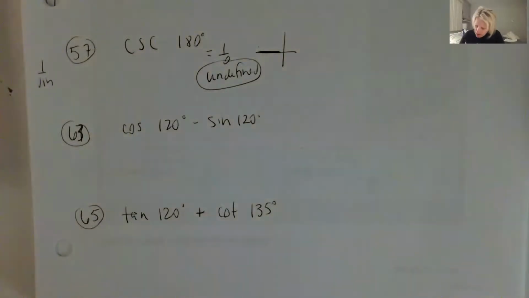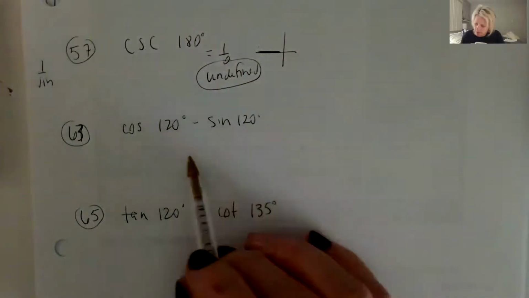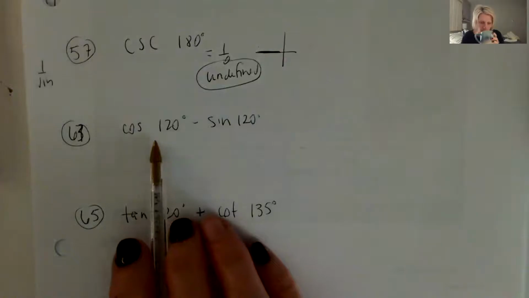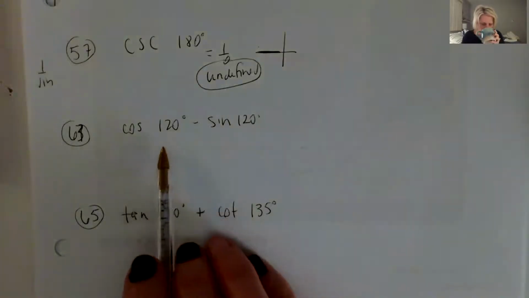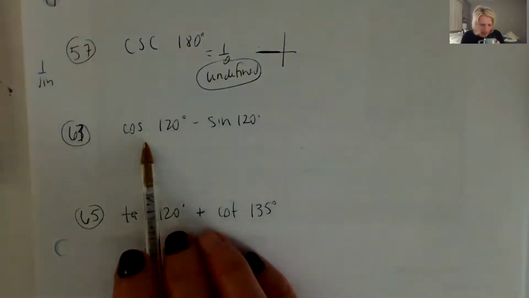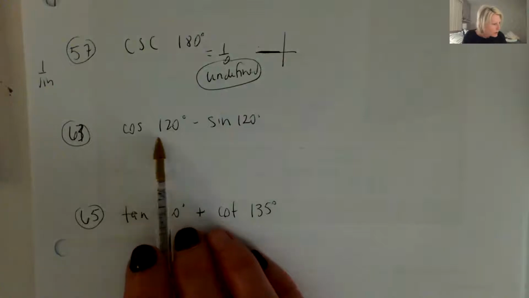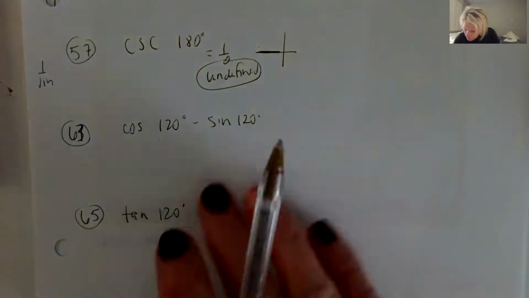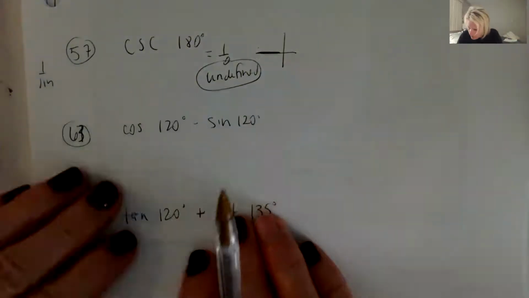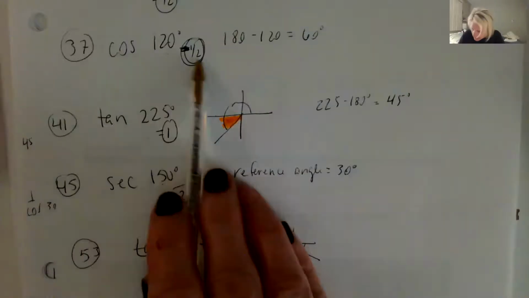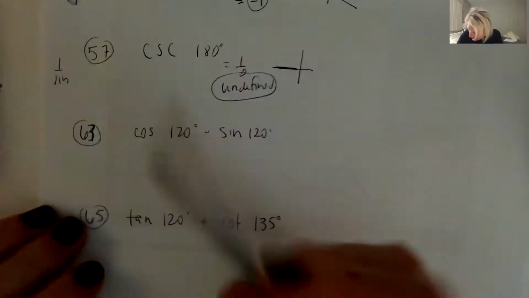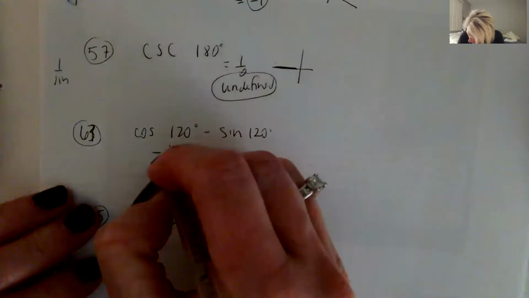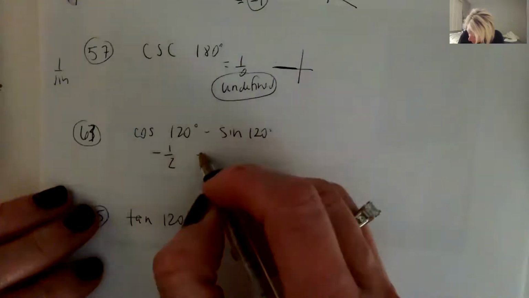Number 63 says, oh, now we want to find the exact value. We're doing some mathematical operations with our trig functions. So cosine at 120, up here, we know that cosine of 120 is a negative 1/2, minus sine at 120.